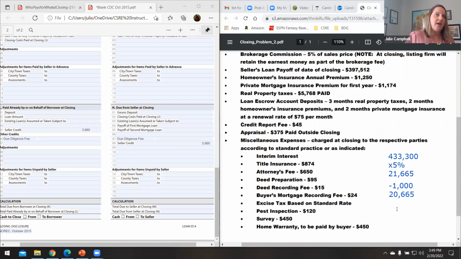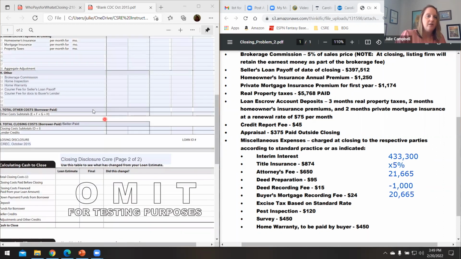Remember, everything on page 1 is a debit to third parties. You and I are third parties. So what we see on page 1 under H, for the brokerage commission, is a debit to the seller, or excuse me, seller paid at closing.